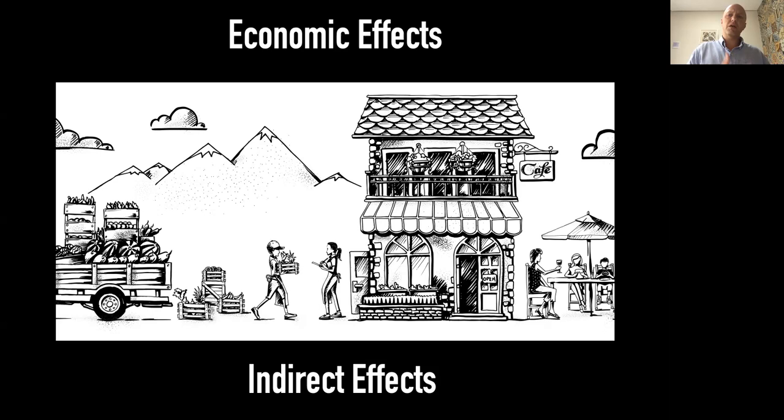Also, when the money goes to the market, and then the market uses it to buy new supplies from the local farmers, for example, that is also considered an indirect effect. The money starts to circulate in the economy. One business buys from another business locally, and the circulation of the money is really important because it's not just the money that comes from the tourists, but the multiplication effect that happens in the local economy.